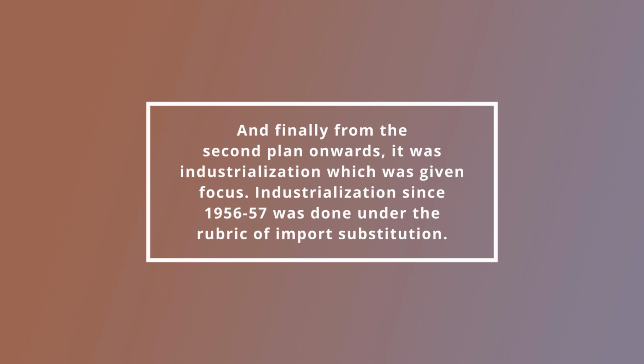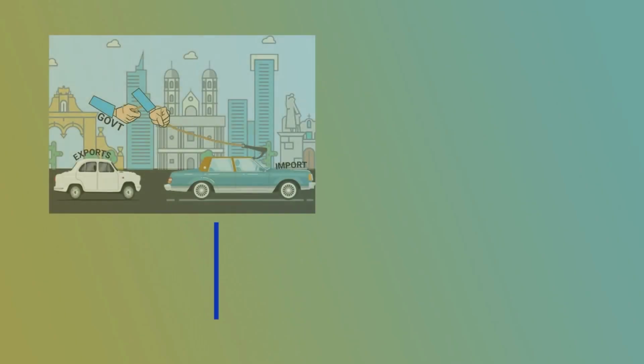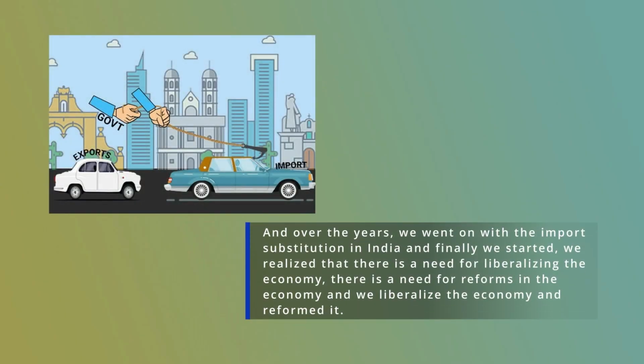Industrialization since 1956-57 was done under the rubric of import substitution. And over the years, we went on with import substitution in India. And finally, we realized that there is a need for liberalizing the economy. There is a need for reforms in the economy, and we liberalized the economy and reformed it.